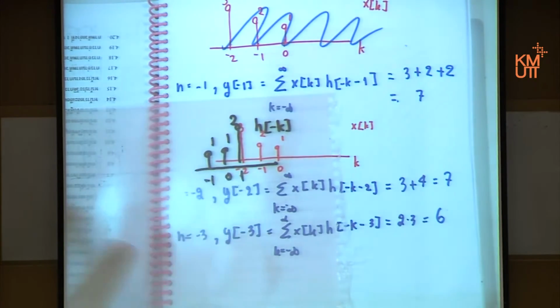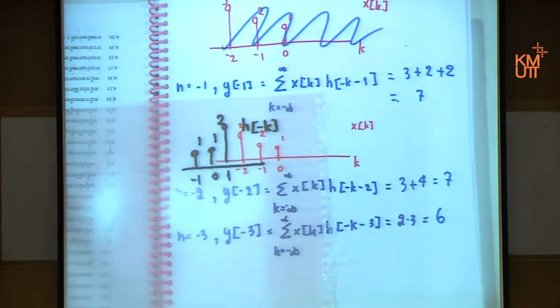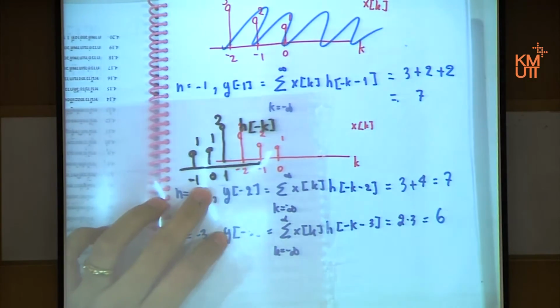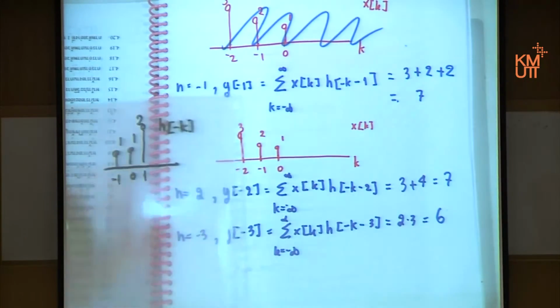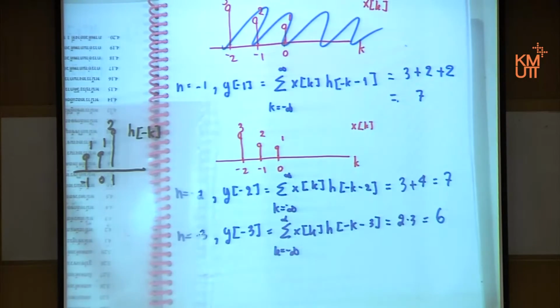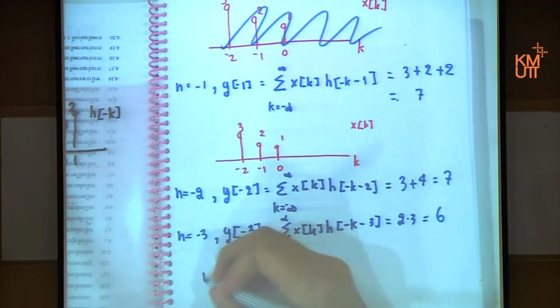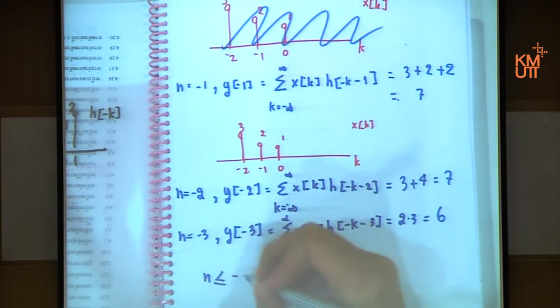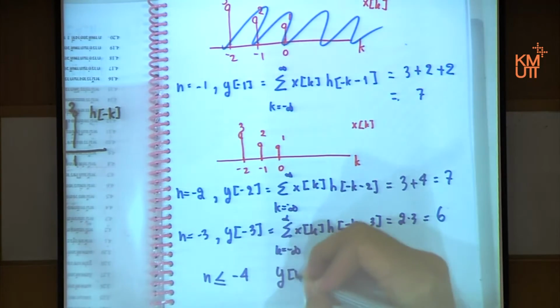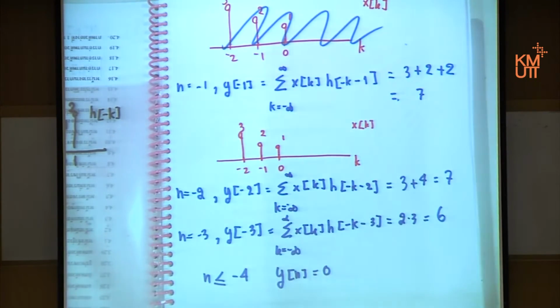After that, when n is equal to minus 4, it means that you shift the black one another one unit, so there is no overlapping, right? The result of y must be 0. And when n is less than minus 4, suppose n is minus 5, the black one goes away, so it will be 0 forever. When n is less than or equal to minus 4, y[n] must be equal to 0 forever.